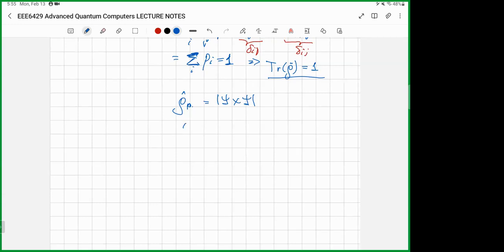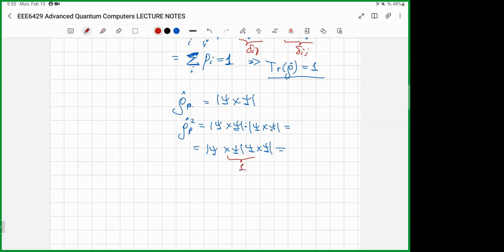And now if I take the square of this, what I will get is |psi>, then times this construction again, which is nothing but <psi|psi>, and this psi state is an orthonormal state, right?